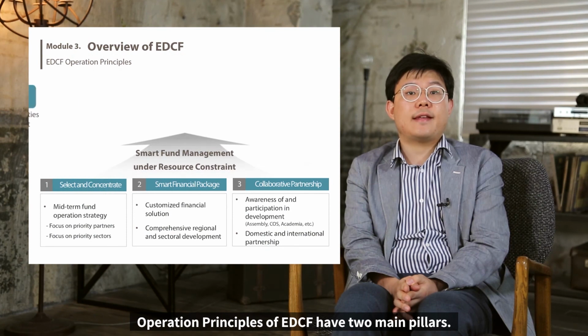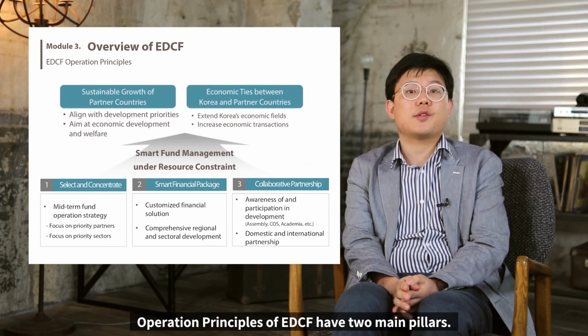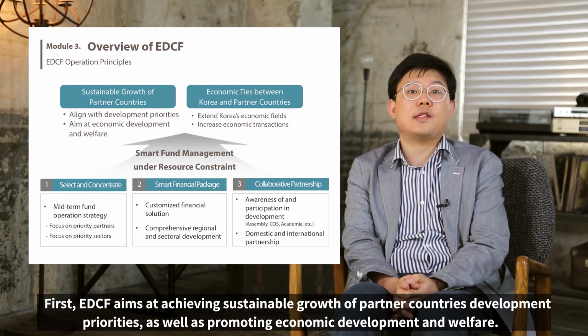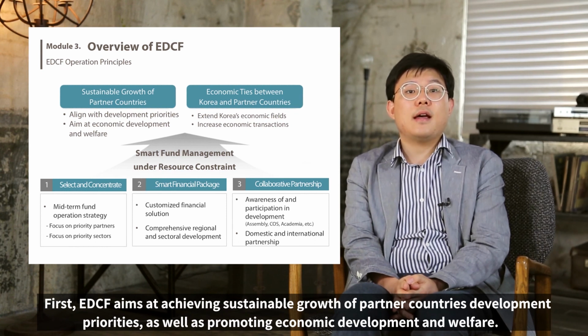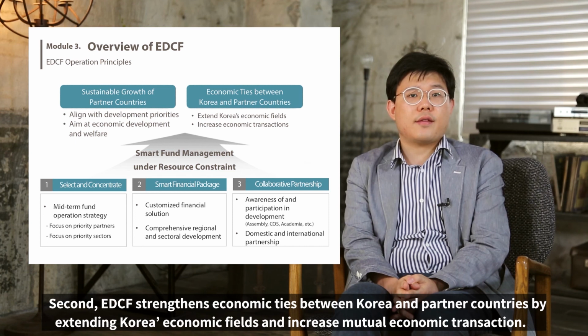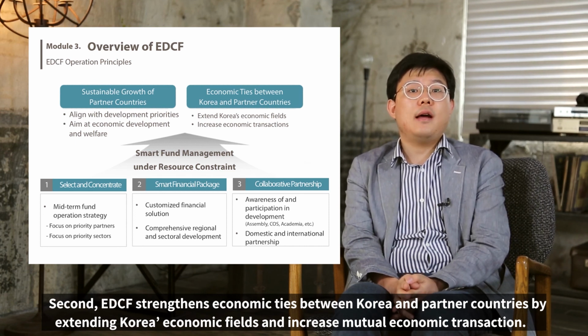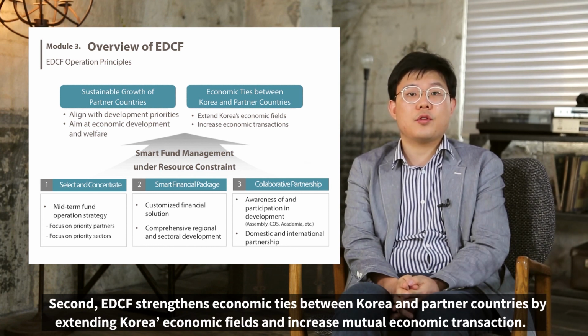Operation principles of EDCF have two main pillars. First, EDCF aims at achieving sustainable growth of partner countries' development priorities, as well as promoting economic development and welfare. Second, EDCF strengthens economic ties between Korea and partner countries by extending Korea's economic fields and increasing mutual economic transaction.